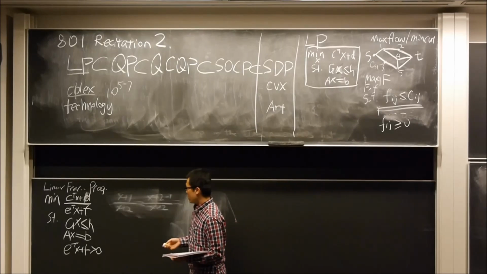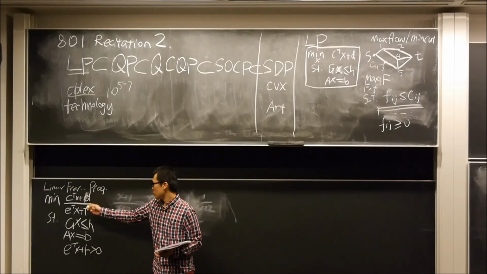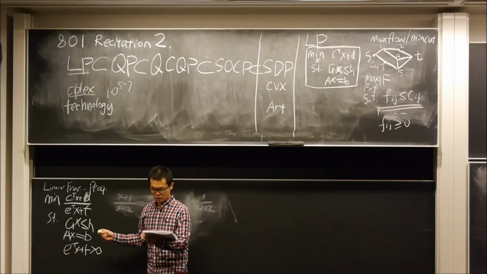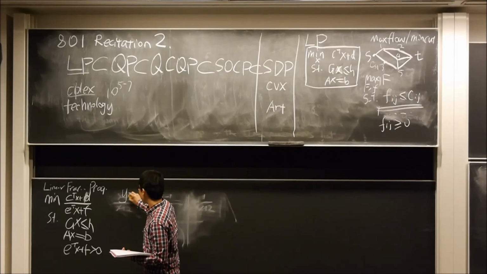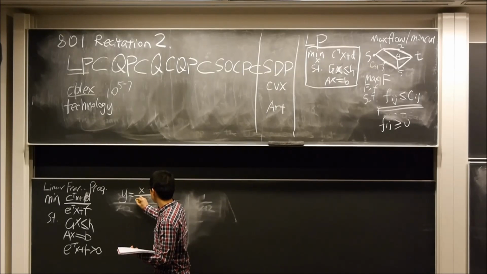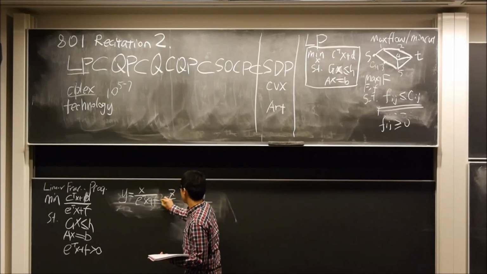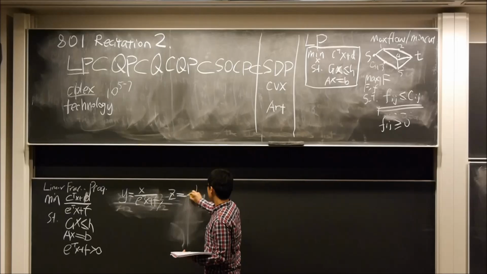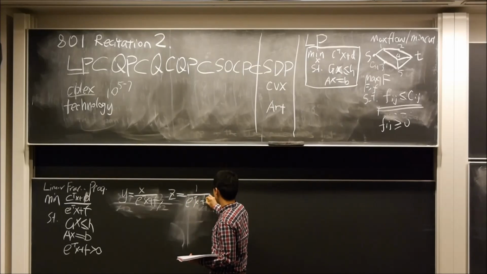So how are we going to solve this? One way to transform this into a linear program is to introduce a change of variable by defining y equals x divided by (e transpose x plus f), and z equals 1 divided by (e transpose x plus f).